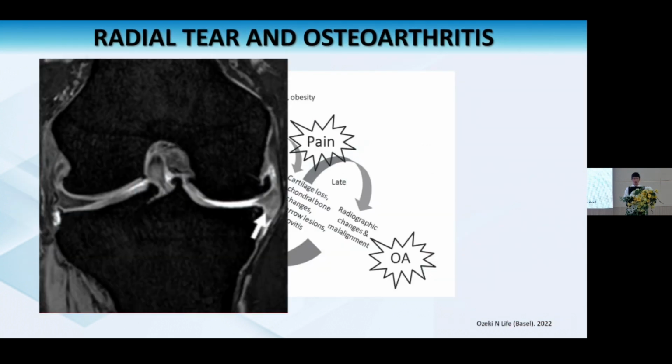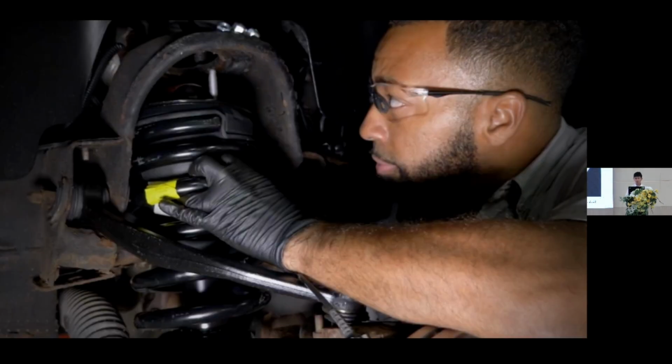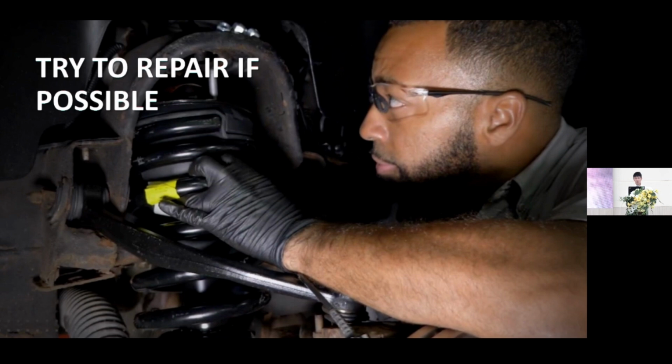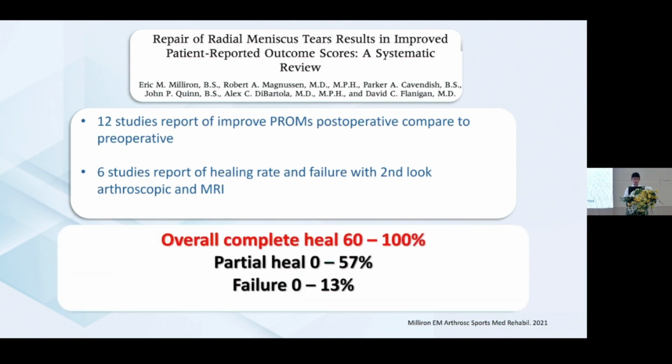Now, given the extrusion and the progression of osteoarthritis with radial tears, we should try to repair it if possible. But the problem is that the healing rate of radial tears from this systematic review varies widely. Complete healing is 60 to 100% and the failure rate is 0 to 30%.